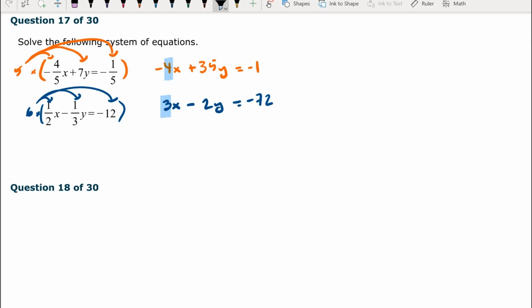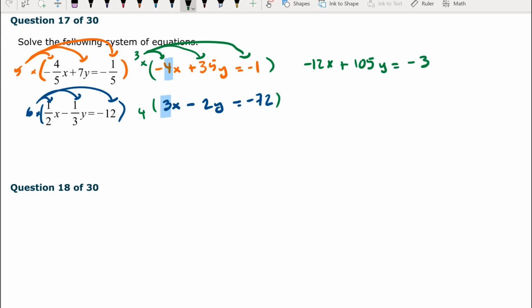So first, you're going to multiply the top equation by 3 and the bottom equation by 4 to get the common coefficient, which is 12. Distributing, that will give you negative 12x plus 35 times 3, so that will be 105y equal to negative 3.